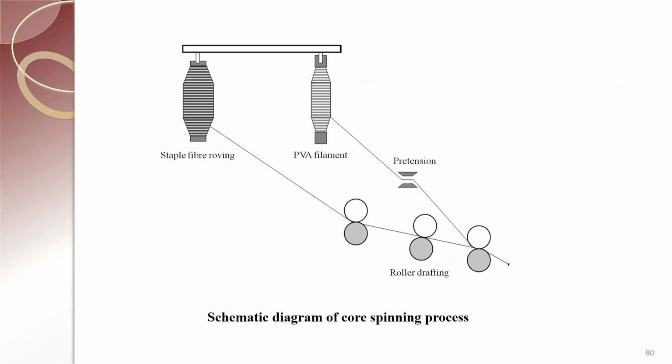So, this is the schematic diagram of the ring spinning method used for producing coarse spun yarn. The staple fiber roving, that is cotton roving, is drafted by a 3/3 drafting system in the ring spinning, and the PVA filament is placed through the front roller drafting.